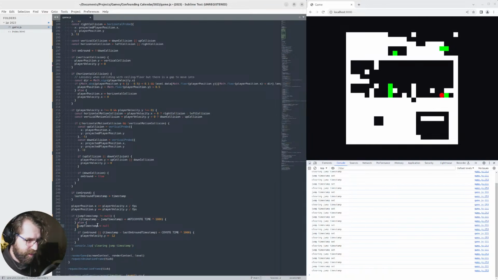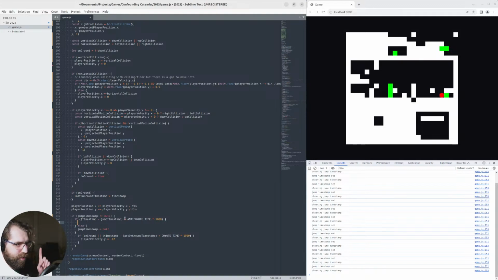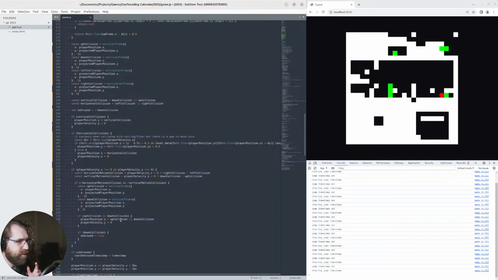Although I'm going to have to clear it in either case, right? No. So sure, if it isn't within the right time, let's just clear it. Then, if we're within the time, let's do a probe upwards, but from a position projected upwards, basically.